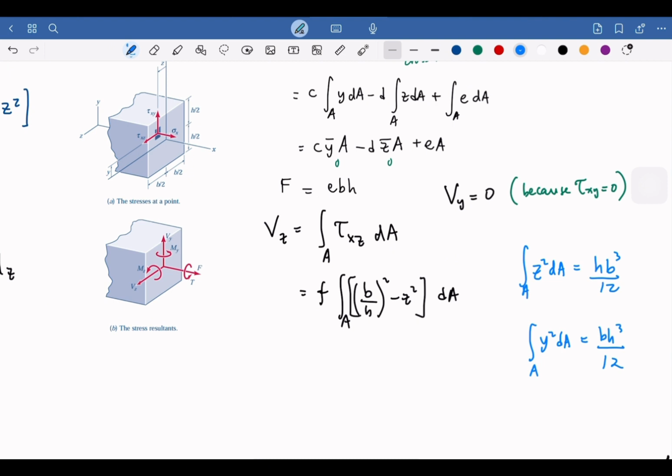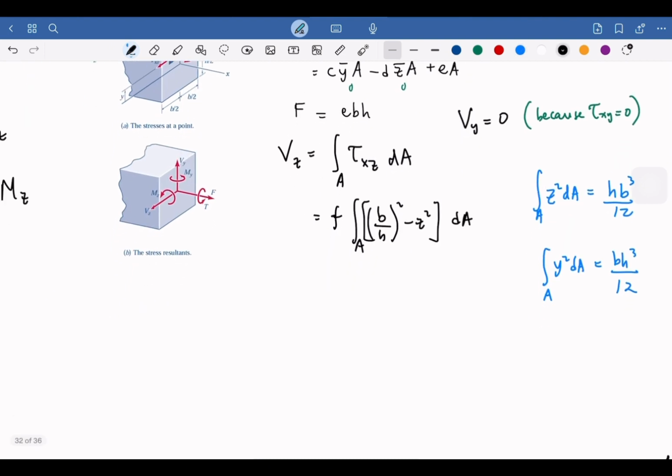Okay? So we multiply this, phi z equals f b squared over 4, and then b h minus the z squared, which will be h b cubed.